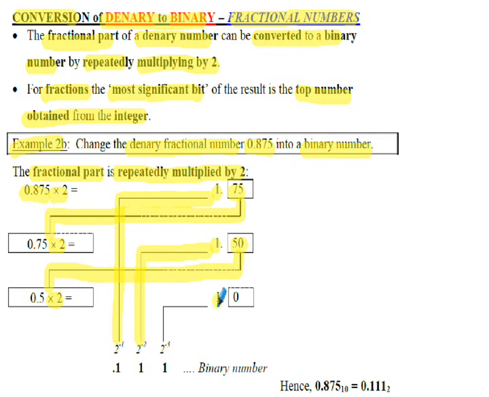That gives us 1.0. The integer part we then write under the column heading of 2 to the minus 3. So our binary number becomes 0.111. In other words, the denary number of 0.875, so base 10, is equal to the binary number of 0.111.